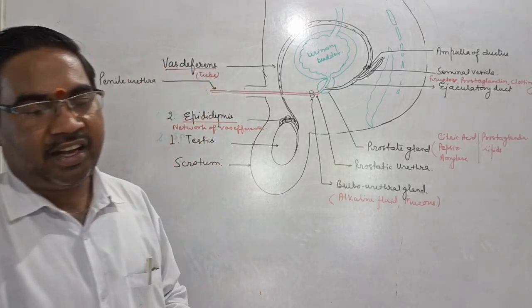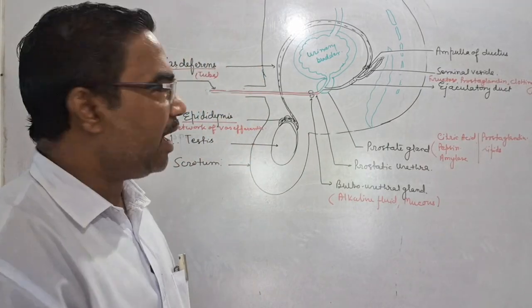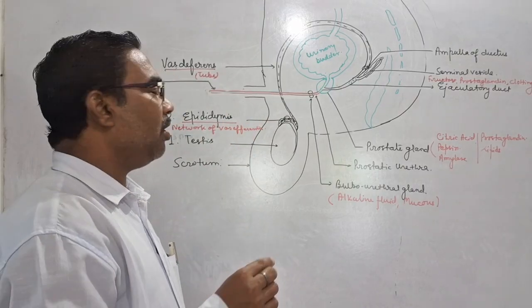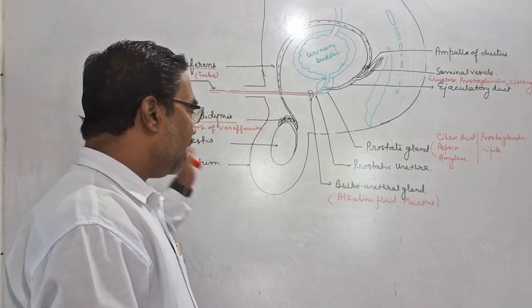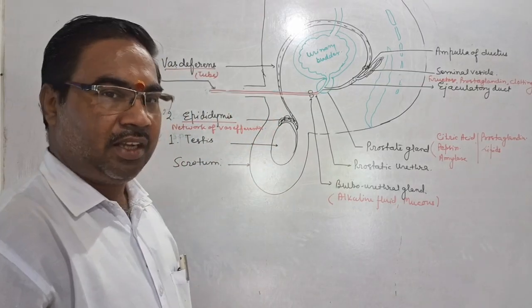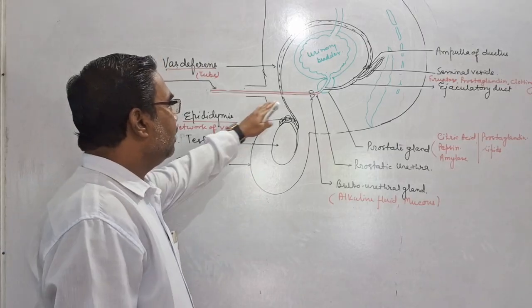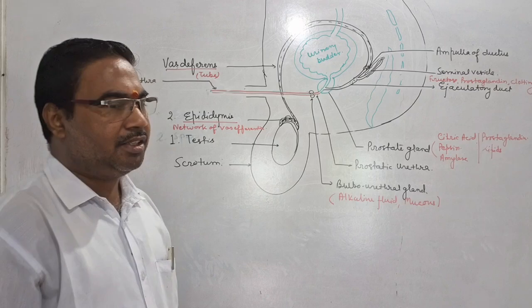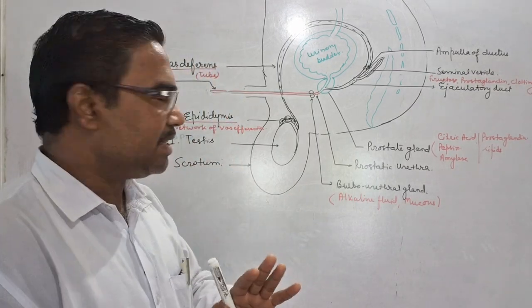Alkaline fluid is very important because it neutralizes the effect of the citric acid as well as the effect of the urine. If some drops of urine are present in the urethra, then alkaline fluid helps in the neutralization, and later the sperm passes to the urethra and then finally is ejaculated. The main thing is to understand the path once again.